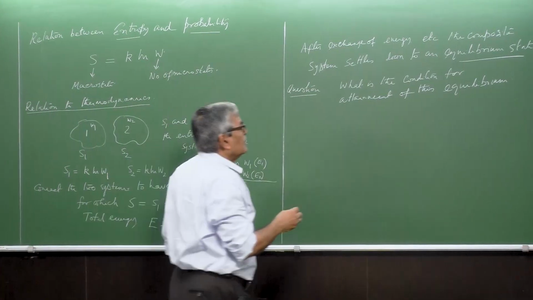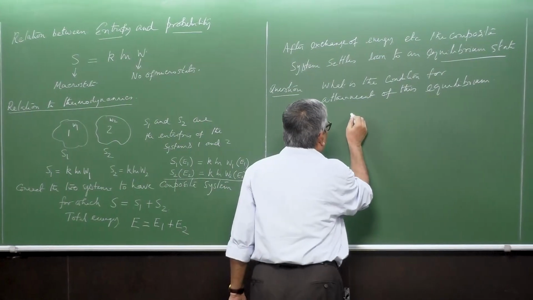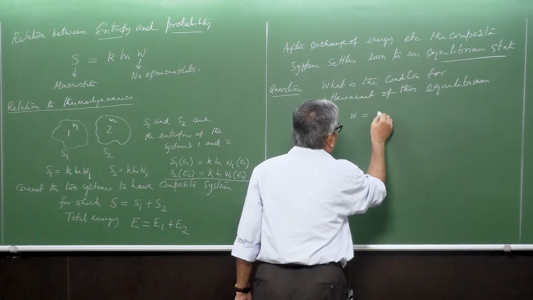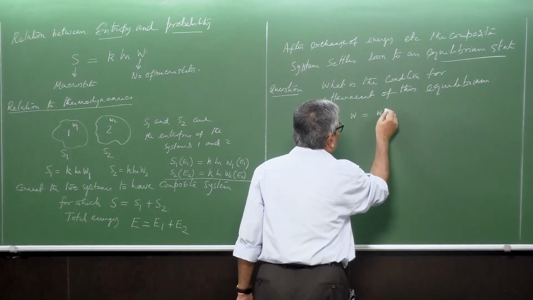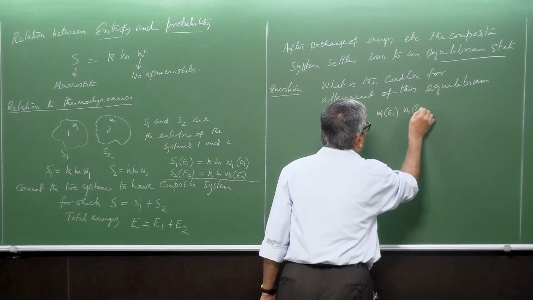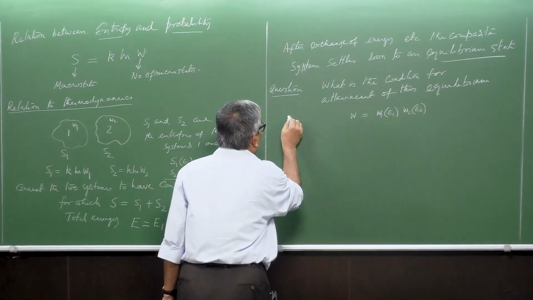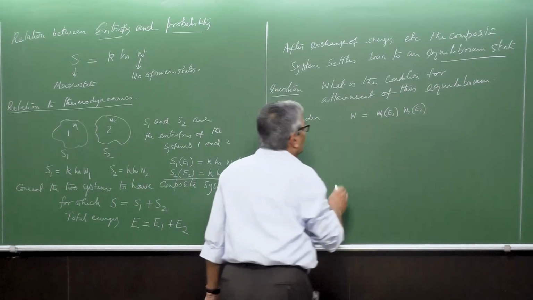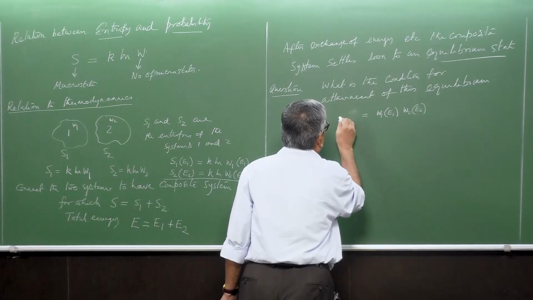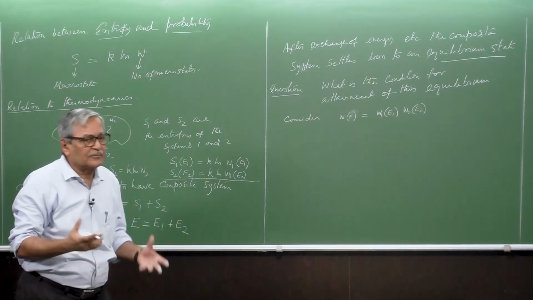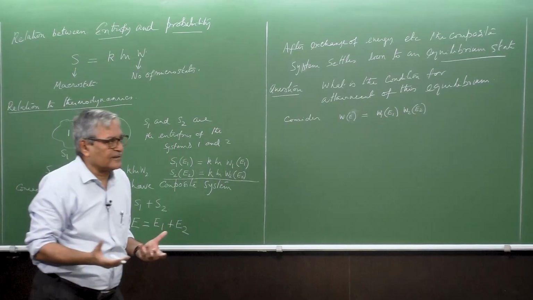So we consider a function W equal to W1(E1) times W2(E2), a product of the probabilities for the composite system.